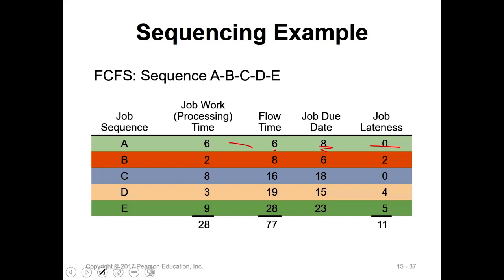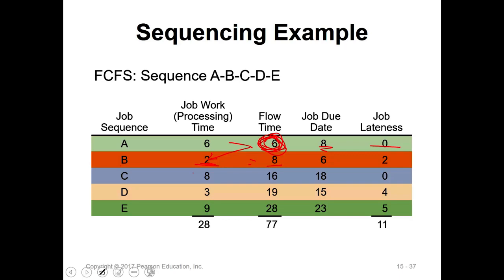But for B, the processing time is 2. Remember, we only have 1 machine working, or 1 person working. So we have to wait for this to finish, and then start B. So this flow time equals the previous flow time plus the working time. Why? Because 6 is waiting time. Flow time is from when the job is released to the work center until it is finished.